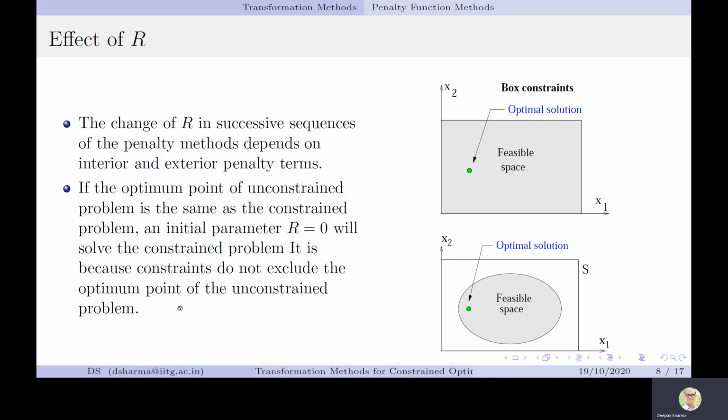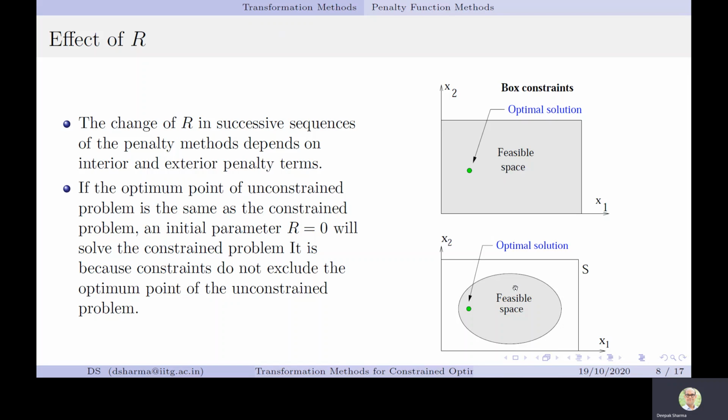So what this statement says, look at the figure on the right hand side. This figure we are familiar with. So we have x1 and x2, we have a box constraint. That means we have no constraint other than the variable bound. So suppose we are solving a problem and we get an optimal point. Now suppose we introduce some constraint and you can see the feasible space is reduced in the other figure.